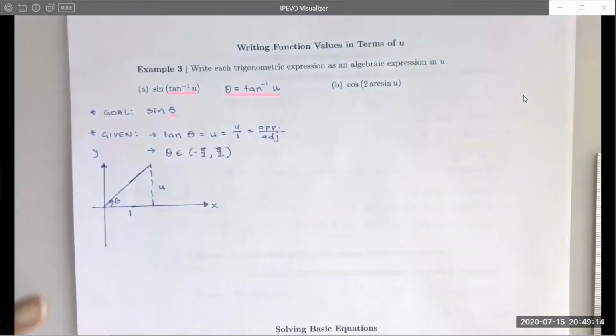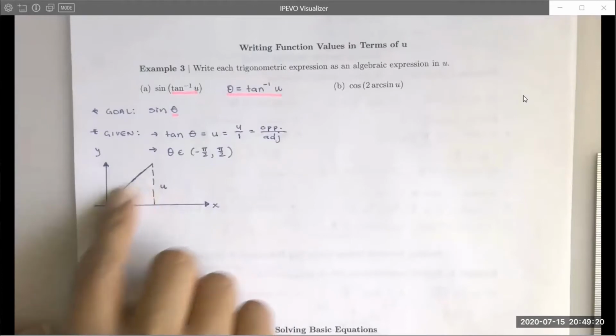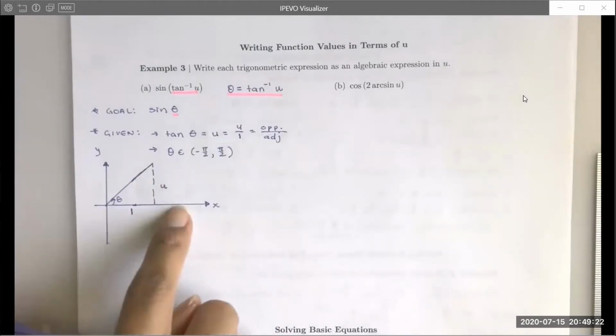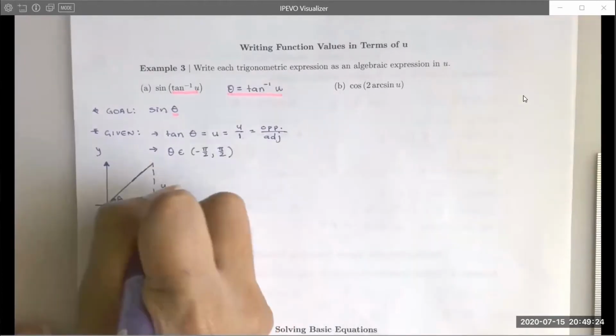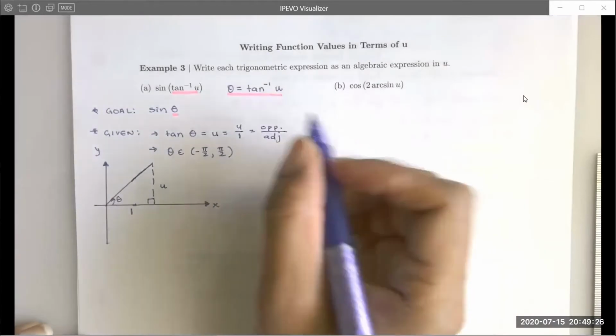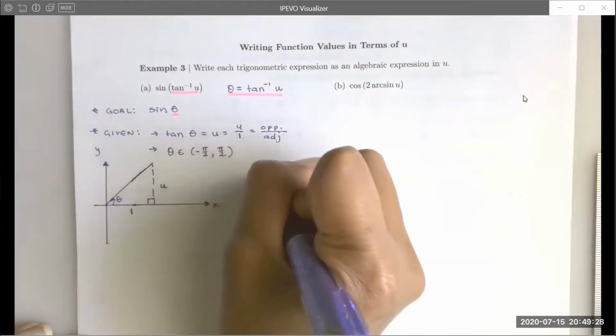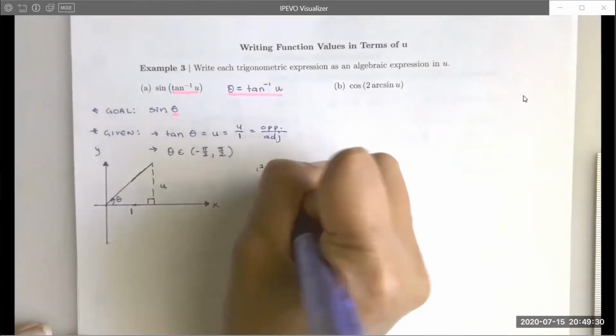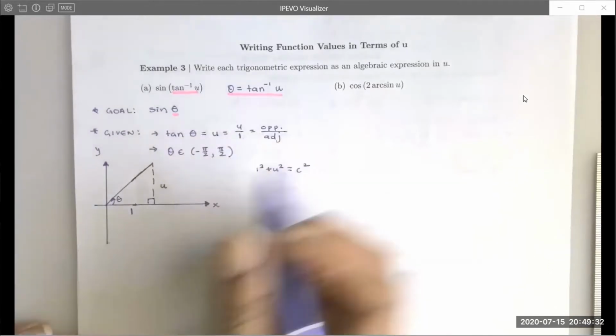Okay, and so we said we want to be able to find sine of angle theta. So I'm going to need the hypotenuse, which means I'm going to have to use the Pythagorean theorem to help me find what that is. So using the Pythagorean theorem, we'll have 1 squared plus u squared is equal to hypotenuse squared.